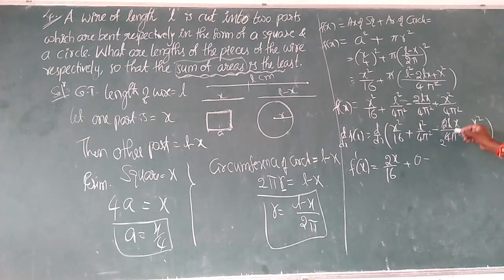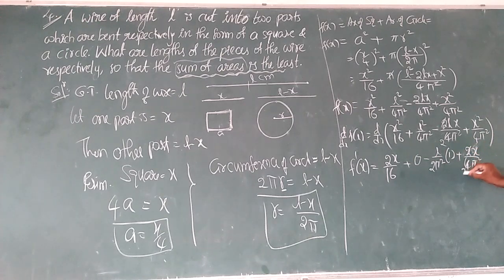So L by 4 pi is the constant term, as it is here. Then x derivation is 1. And here x square is a variable, 4 pi constant, as it is. x square derivation is 2x by 4 pi, as it is.